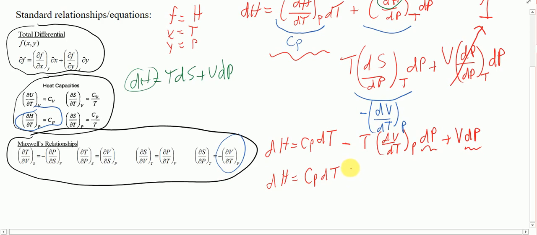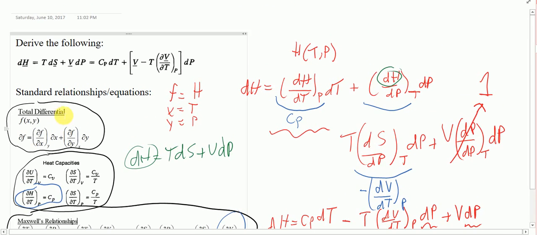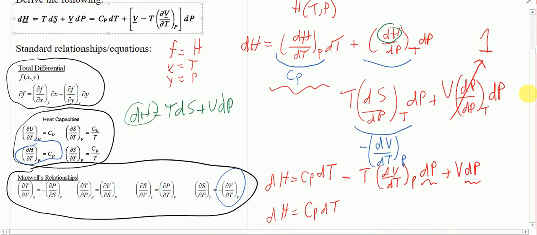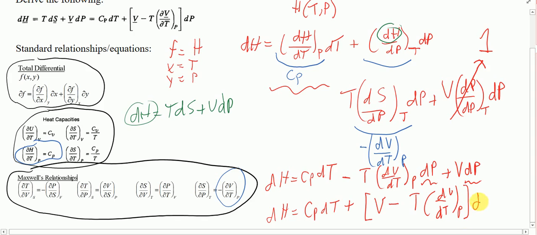Instead of writing a minus, we want to have it in similar terms, so we want to use a plus sign right here. Then a bracket of the volume minus the temperature times (dV/dT) at constant P, and all of that is multiplied by dP.